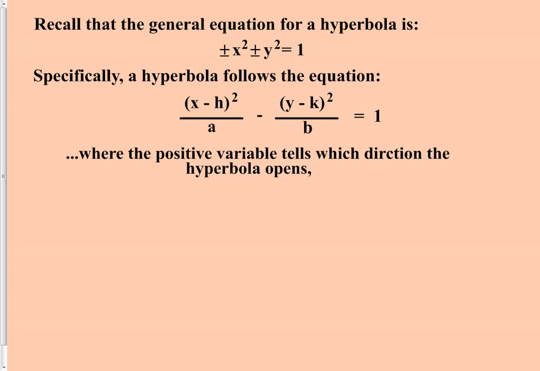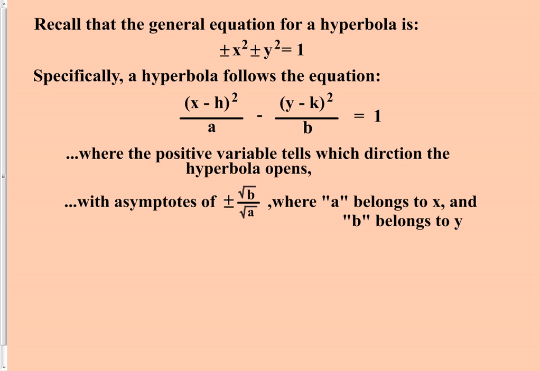Now, keep in mind, this is not a parabola that will simply go left or right. A hyperbola goes both directions. So when we answer which direction a hyperbola opens, we don't say left, we don't say right, we say horizontally, because it goes both left and right. Same thing vertically. We don't say up, we don't say down, we would say vertically, because it goes both directions.